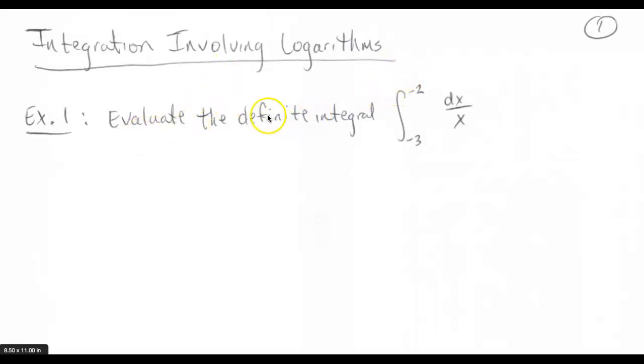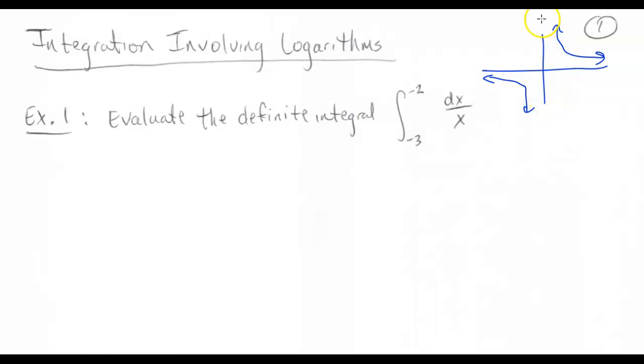So we want to evaluate the definite integral of, let's say, 1 over x dx, and we want to evaluate that from -3 to -2. The first thing that we want to realize before we even get started is that we are looking at this function 1 over x. And of course, 1 over x, if we draw it, looks like this.